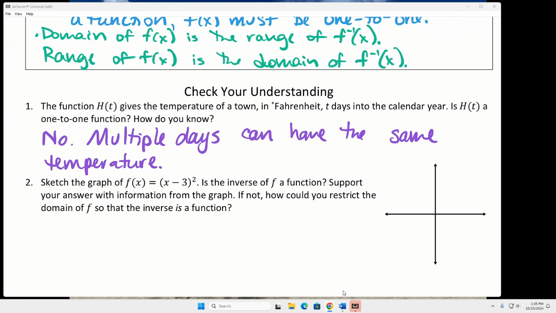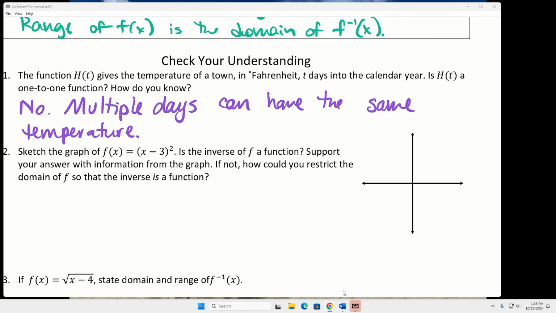Okay, and number 2 is asking us a lot of things. So the first thing we're going to do is, without a calculator, we're going to sketch the graph of f of x equals the quantity x minus 3 squared. So it's going to be a little parabola. That minus 3 on the inside, how is it going to shift? Subtracting on the inside goes to the right, right?